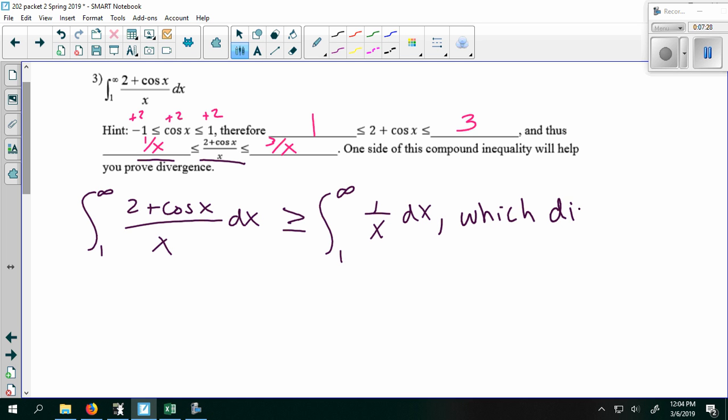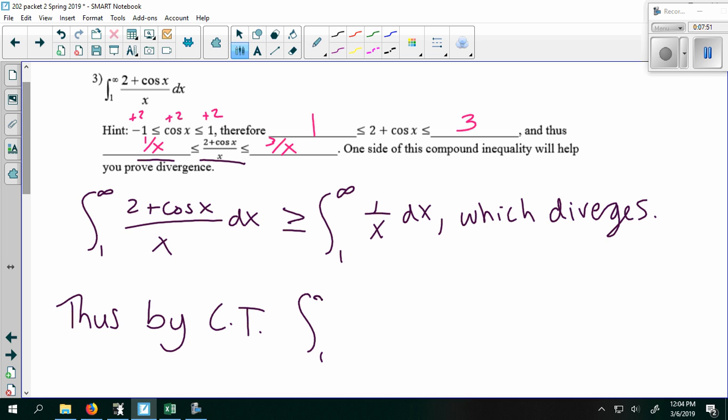Which diverges, right? The area under the curve 1 over x from 1 to infinity is infinite. So the area under the curve 2 plus cosine x over x from 1 to infinity is more than that, so it has to also be infinite. Thus, by comparison test, the integral from 1 to infinity of 2 plus cosine x over x dx also diverges.